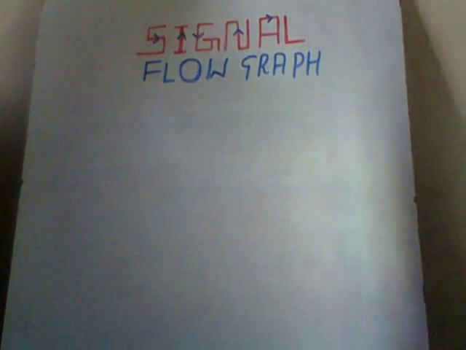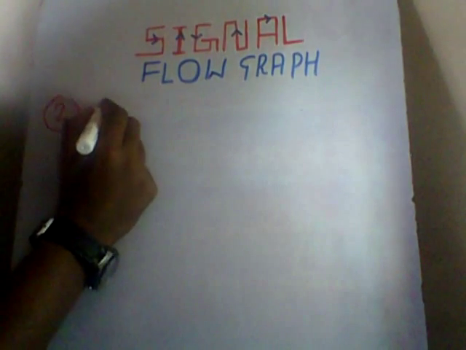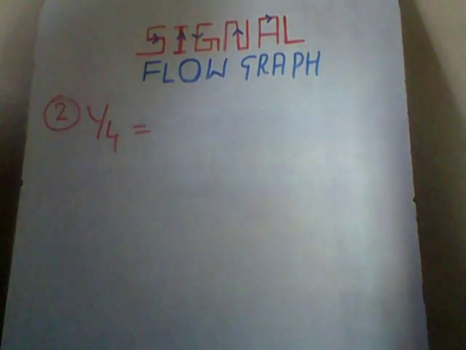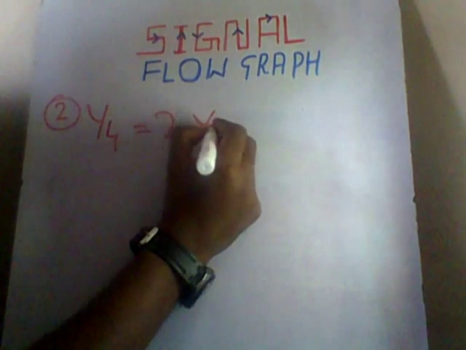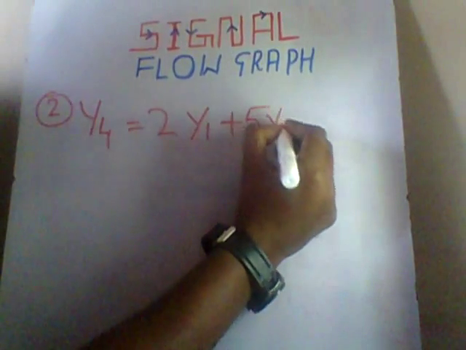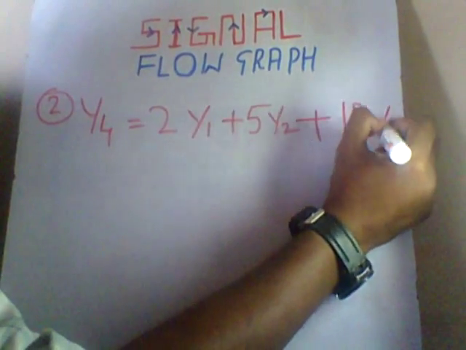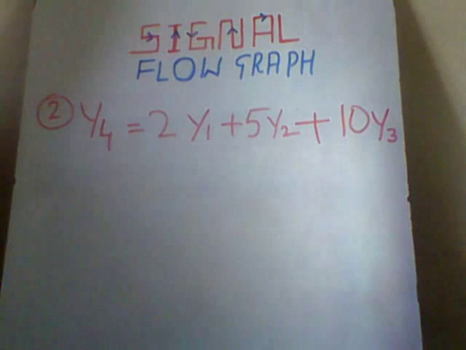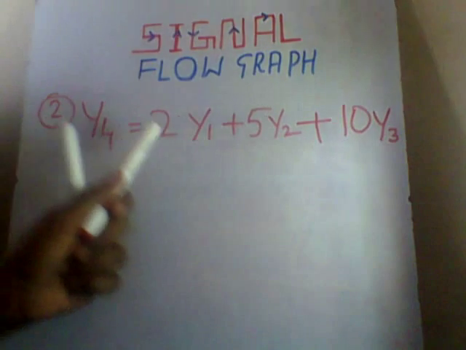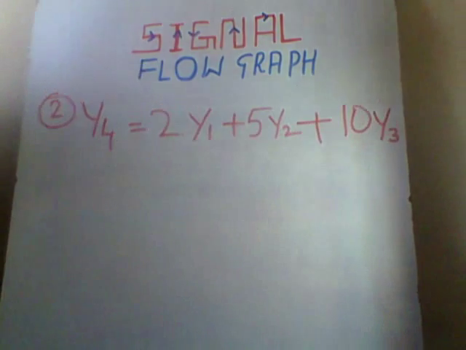And our second problem is y4 equal to 2y1 plus 5y2 plus 10y3. I am repeating it again. y4 is equal to 2y1 plus 5y2 plus 10y3.